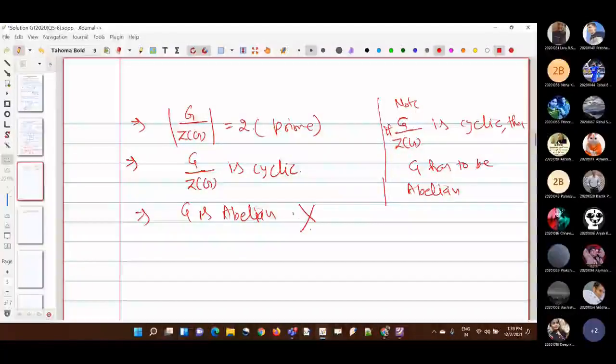But this is a contradiction to the assumption of the theorem that G is non-abelian. G is given to be a non-abelian group.